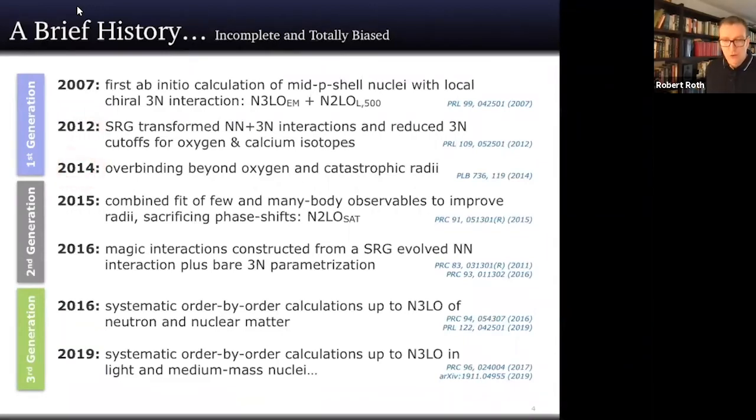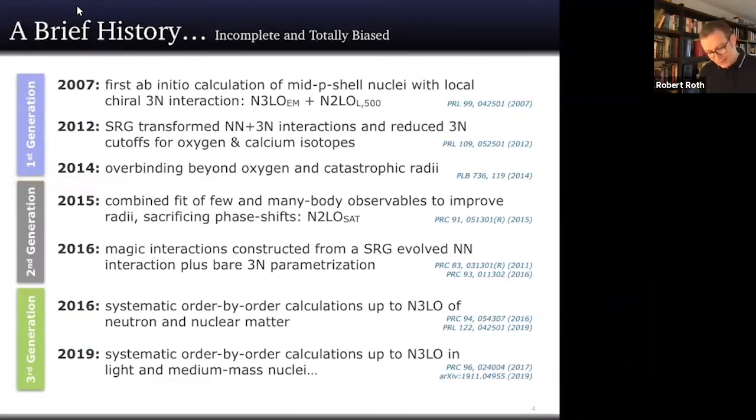In 2014, we saw what I just showed you, namely that you have this overbinding beyond oxygen isotopes. And something else happened, which I didn't show you yet. You get a catastrophic description of nuclear radii with these interactions. So at that point, it became clear that something has to be done with respect to the chiral inputs that we use.